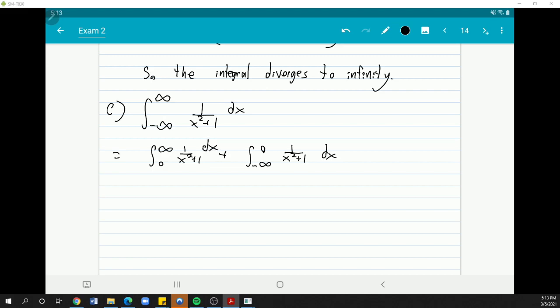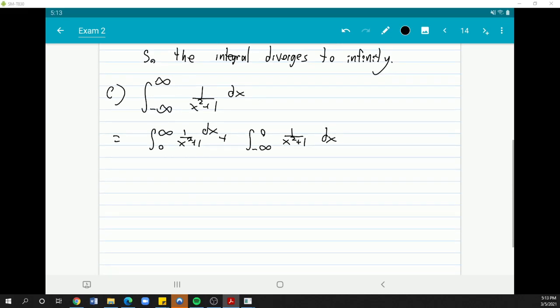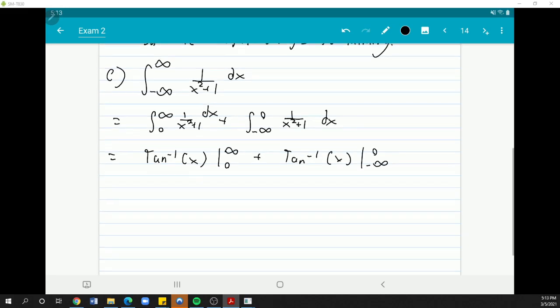You pick some number between infinity and minus infinity. Doesn't matter which one. I'll pick 0 because it's nicest. And now this is tan inverse of x evaluated from 0 to infinity plus tan inverse of x evaluated from 0 to minus infinity.